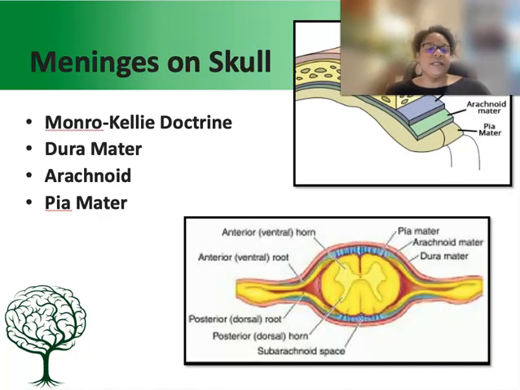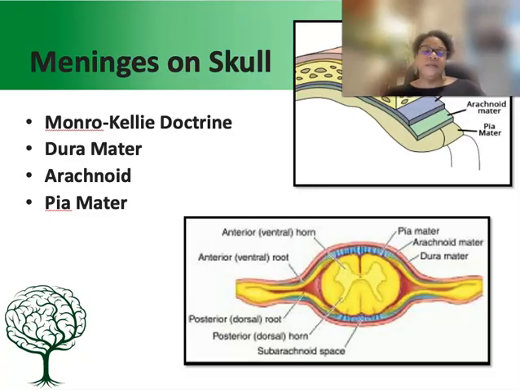So the meninges. The meninges in the skull consist of the dura mater, the arachnoid, and the pia mater. I want you to make sure you understand the different layers, and you can see them on your own slides. We have the skin, then a small layer of tissue between the skin and the cranium, then we have the dura, the arachnoid matter, and the pia matter.